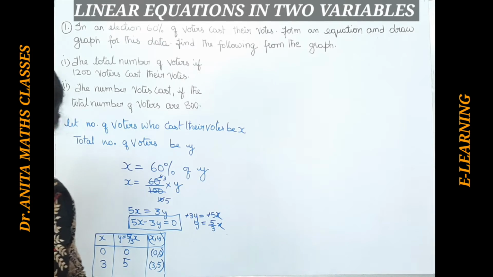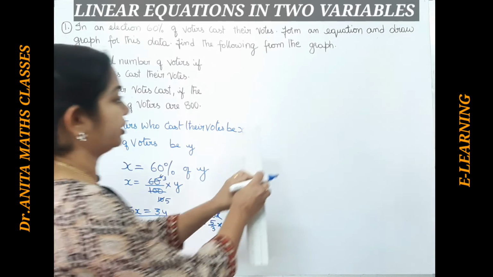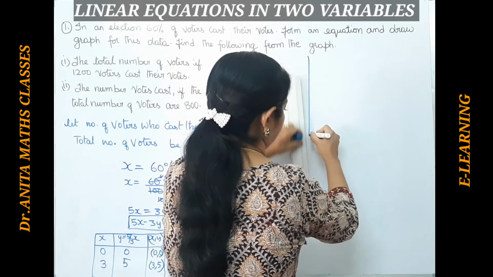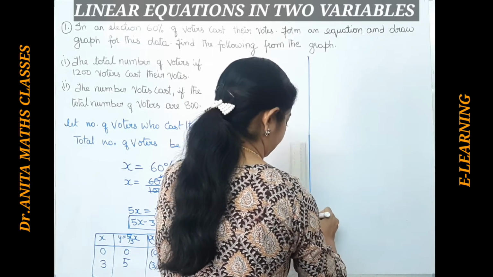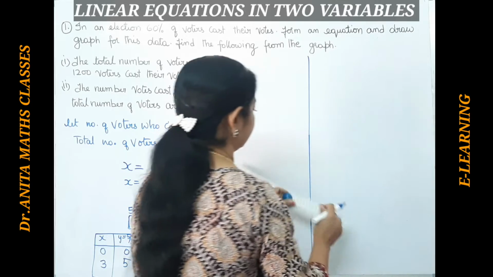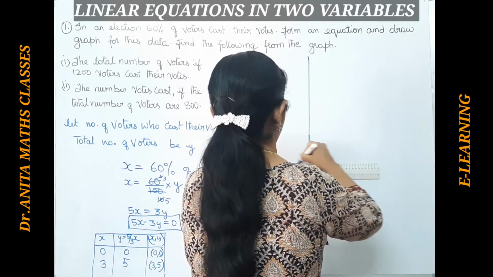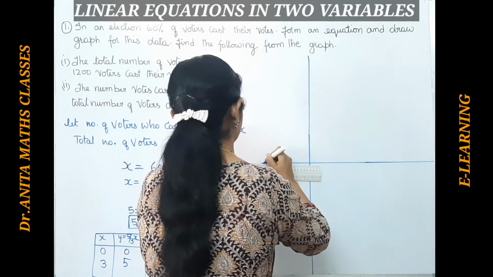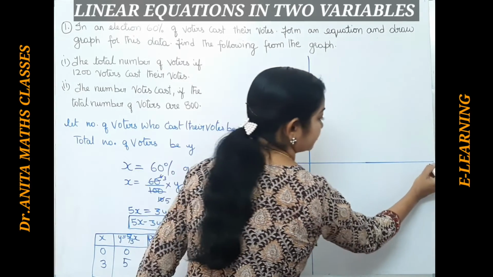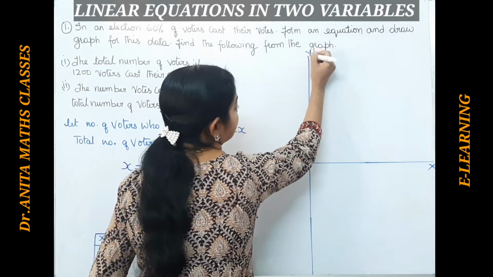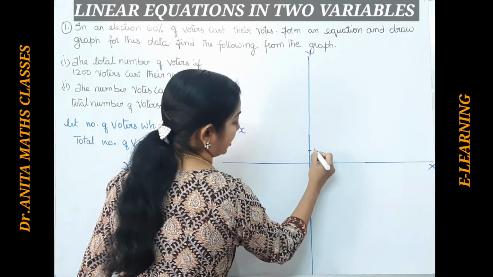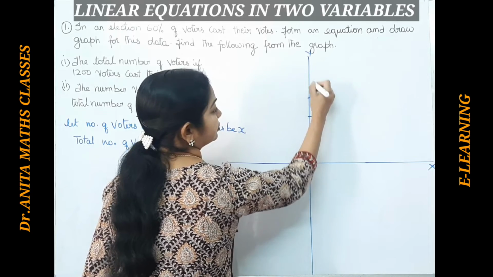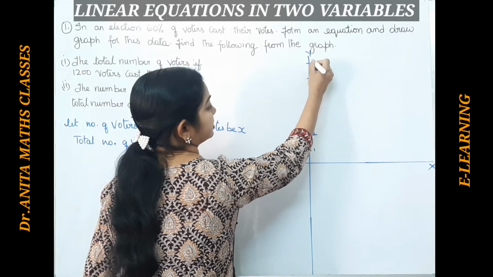Now let us plot the graph here. Let us draw the x-axis and the y-axis. This is the x, the y-axis. Now we will take 1, 2, 3, 4, 5 and 6.